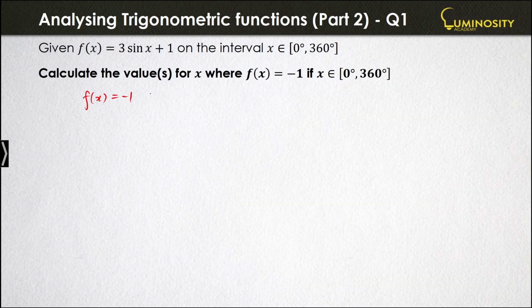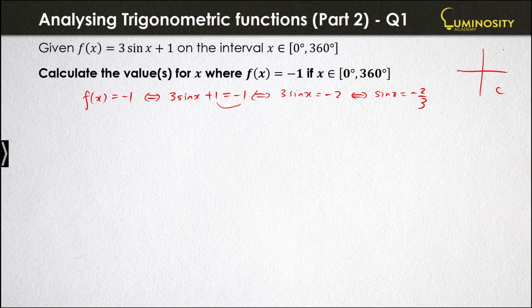f of x equals negative 1 if and only if 3 sine x plus 1 equals negative 1. So I've substituted f of x into its function. Now if I subtract 1 on both sides, I get 3 sine x equals negative 2. And if I divide both sides by 3, I get sine x equals negative 2 over 3. Let's get our CAST diagram ready, because this is a trigonometric equation. Where is sine negative? That is in the third and fourth quadrants.